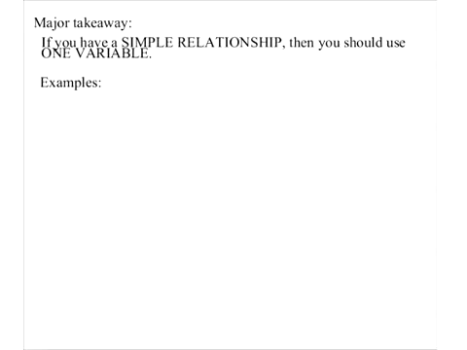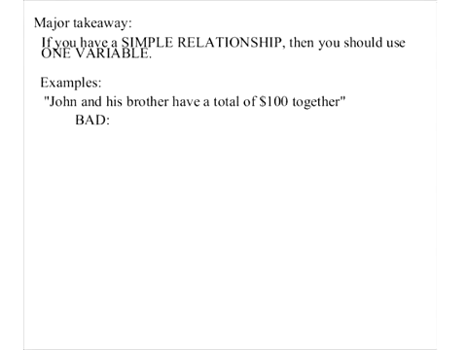If you say something like, John and his brother have a total of $100 together. The bad way to do this would be to say J plus B equals 100, because this is two variables.